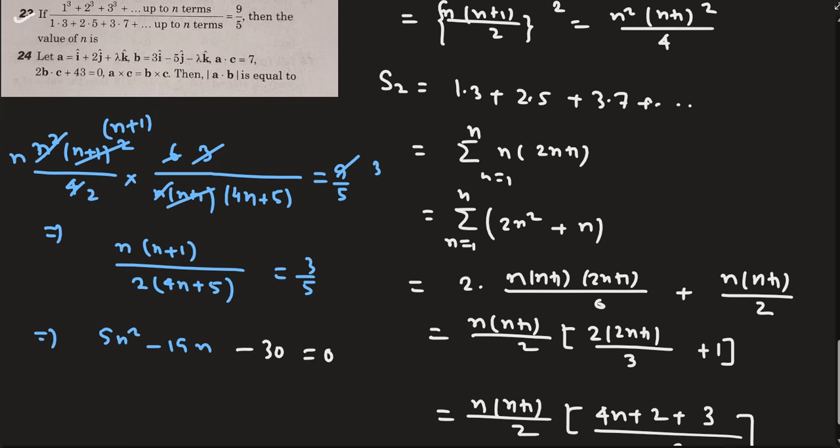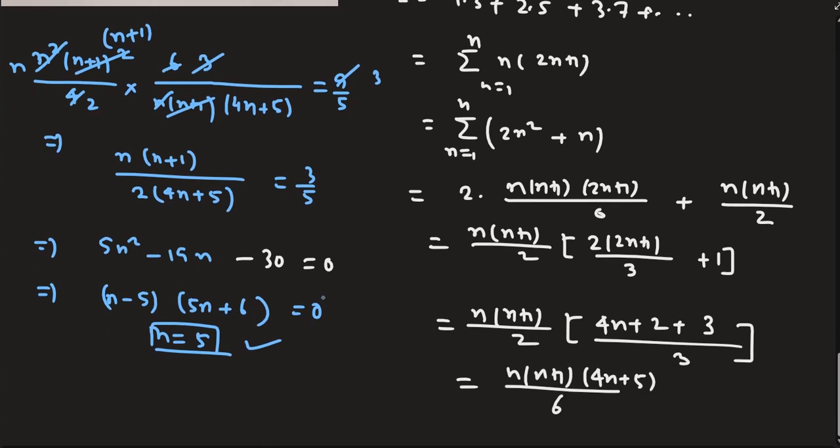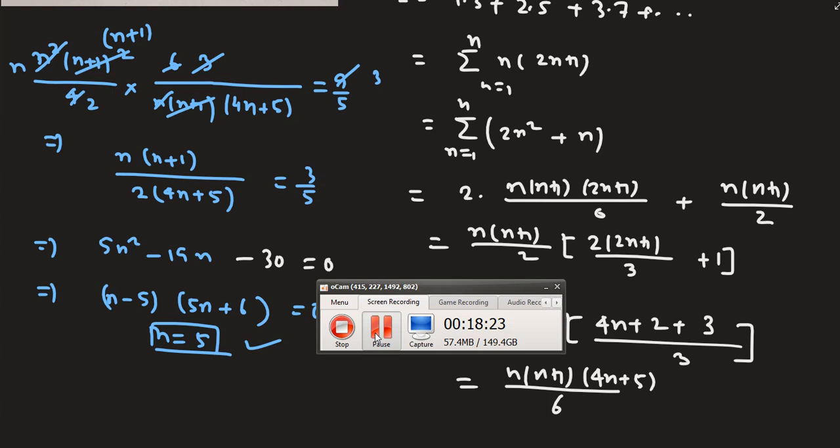So complete the factorization. You are getting n minus 5, then 5 times n plus 6 equal to 0. So from here we have n is equal to 5, which is the accepted value. The fractional value we have to reject. Fractional value we don't want. Okay, now going for the next question.